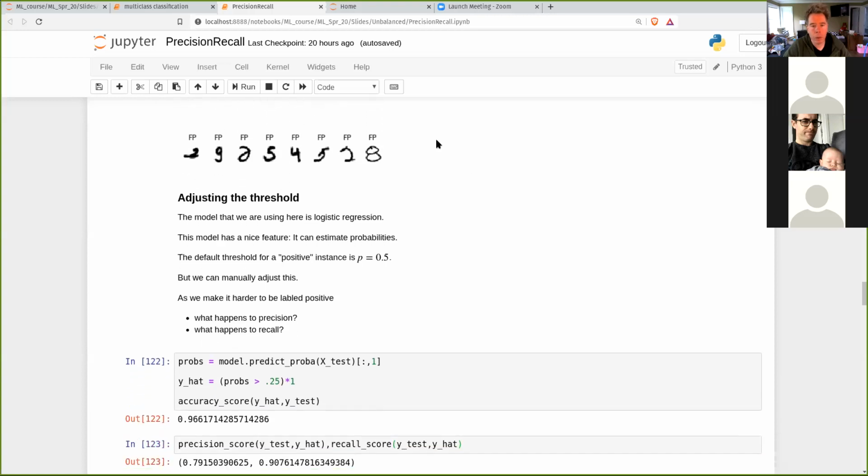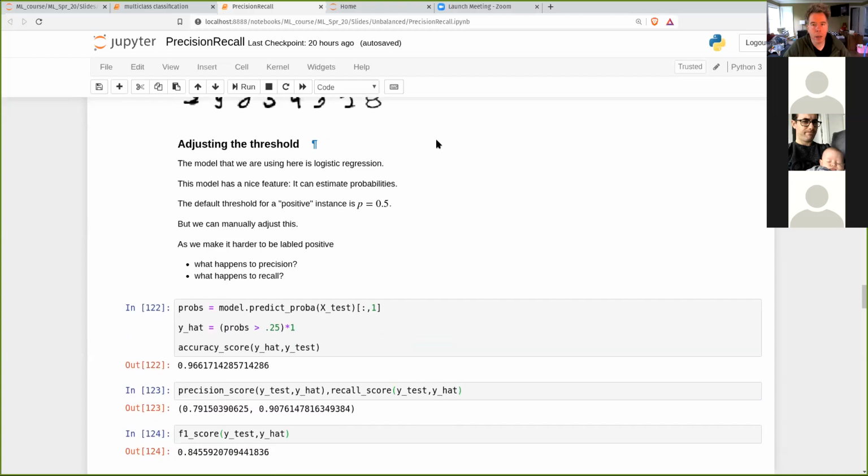Okay, so how do you trade off between precision and recall? We said that you could make precision go up by being more particular about what you report as positive, and you can make recall go up by being less particular about what you report as positive. So it is a trade-off. As precision goes up, recall goes down, and vice versa.